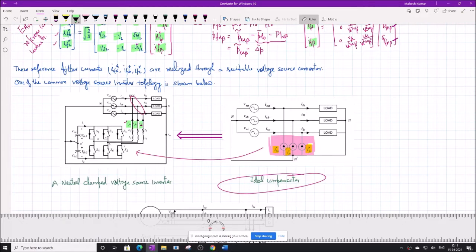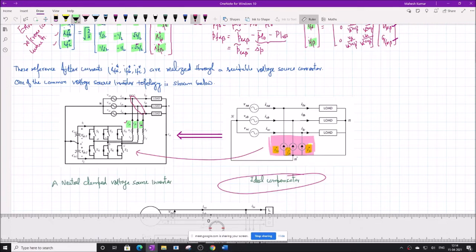IFA, IFB, IFC are generated by having some switching control scheme that tracks these currents in close proximity to IFA star, IFB star, IFC star.